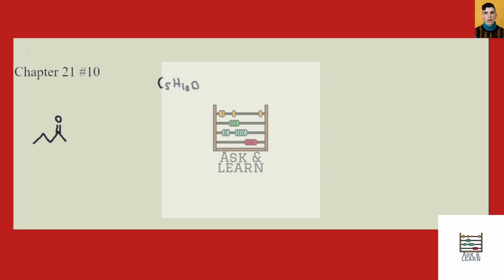And so there are three different constitutional isomers here that fit this molecular formula C5H10O and have one ketone. And so the first is going to be this one.